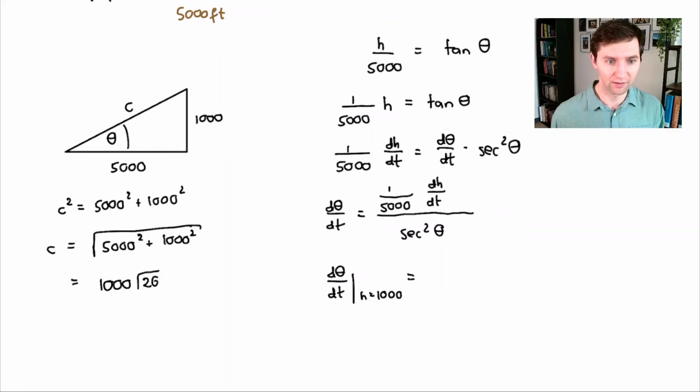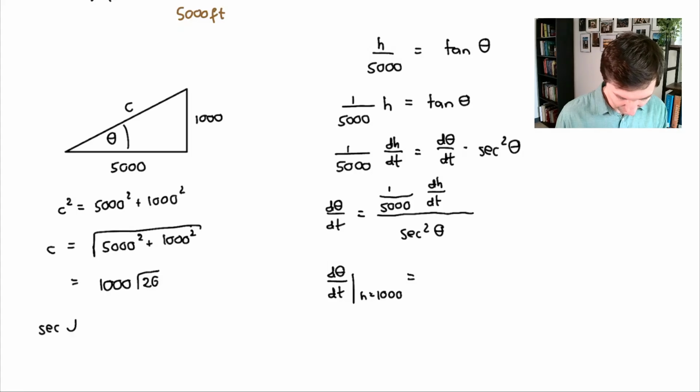Because c is 1000 square root of 26, and secant is this side divided by this side, at that moment in time, secant of theta will be 1000 square root of 26 divided by 5000.